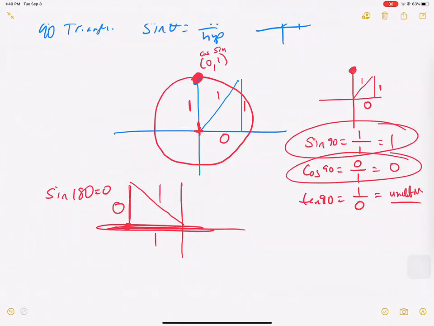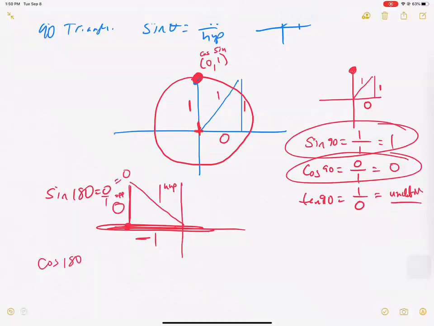Are any of these sides negatives? 0, 1, or hypotenuse 1? We went to the left, that's a negative 1 here. Sine is opposite over hypotenuse. That's 0 over 1, which is the 0 that we claim to be. What's the cosine of 180 degrees?